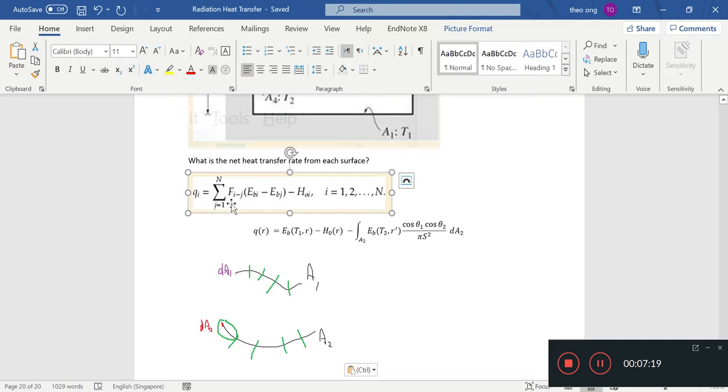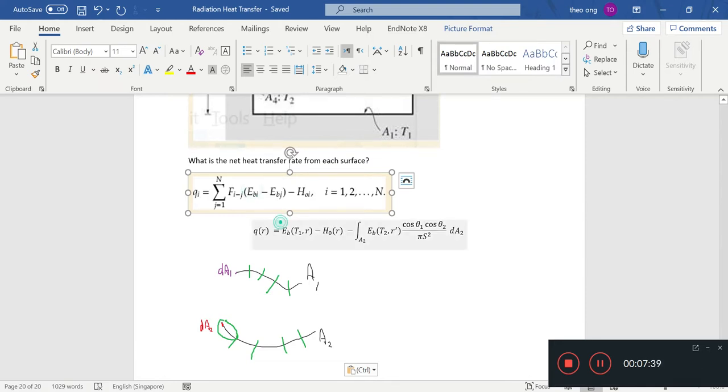Okay, so basically if we sum all the view factors from these surfaces, we will get back this term. If we sum up the surfaces, EBI, right?